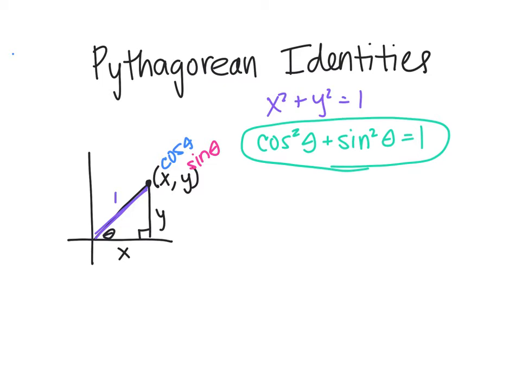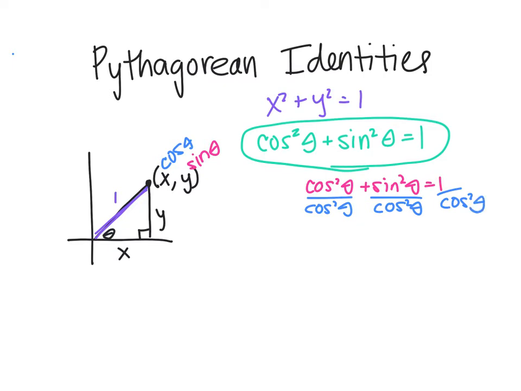So the first one, if we divide everything by cosine, just a little side note to show you again where it comes from. Here's our original. If we go through each of these, divide everything by cosine squared, and then take what we know from reciprocal and quotient identities.